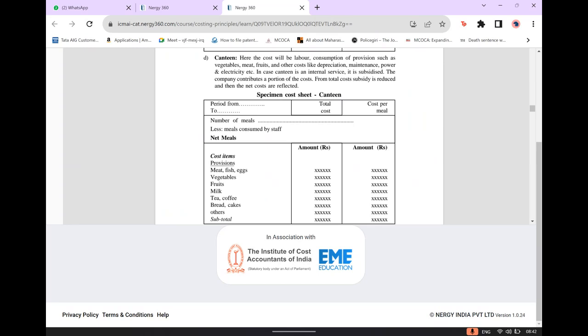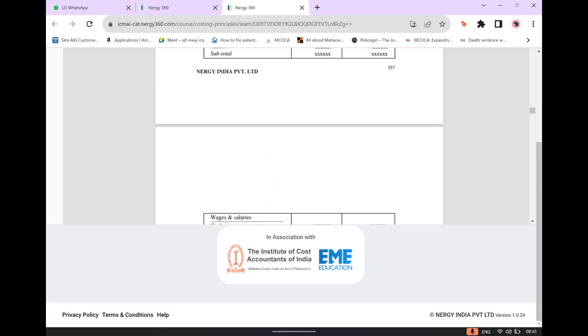So till now, what we were seeing was product cost, because a product is involved there: electricity, and we saw retail industry, automobile. All these are production based and product based. Whereas when we talk about canteen, it is a service costing. You have all the provisions that is operating: meat, fish, vegetable, fruits, milk, tea, coffee, bread, cakes, and others, which is generally the operating expenses.